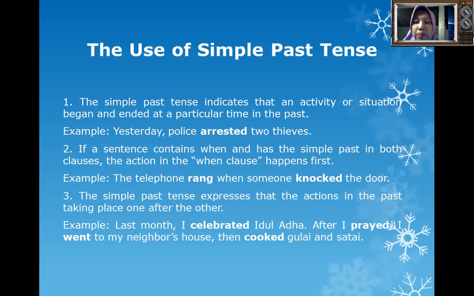The words celebrated, prayed, went, and cooked are in the same sentence, so they should use the same tense. And there is a time signal here, that is last month, which shows the past. So we have to use simple past tense.